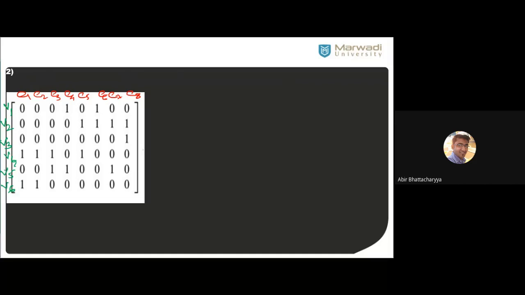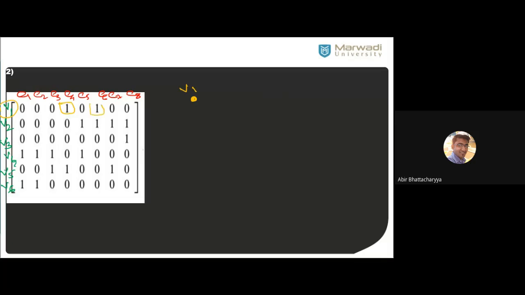So start with first vertex. Let's say the first vertex is V1. Now try to understand. In this particular row of V1, how many ones are there? Don't look at the zero. Only target your ones. This is 1.